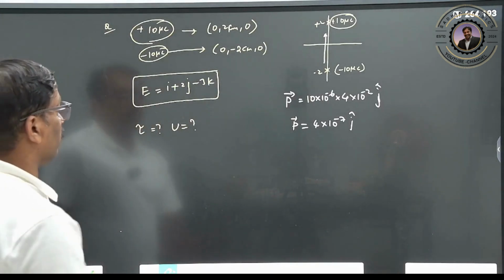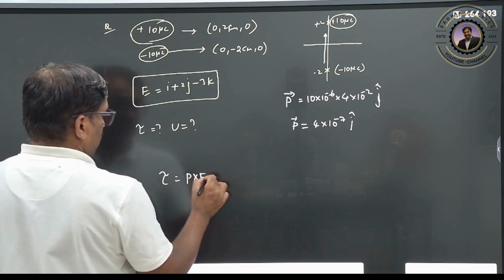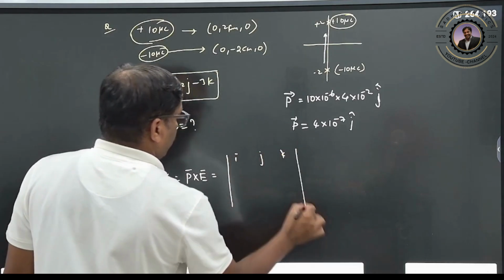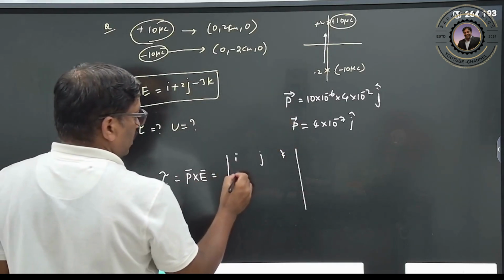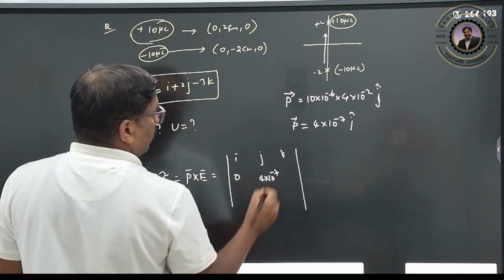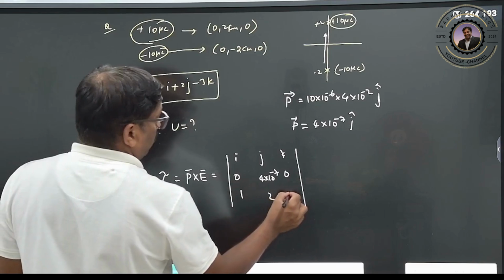So we want to calculate the torque. Torque is nothing but P cross E. So i, j, k; the dipole moment is 0, 4 into 10 to the power of minus 7, and 0. E is 1, 2, minus 3.